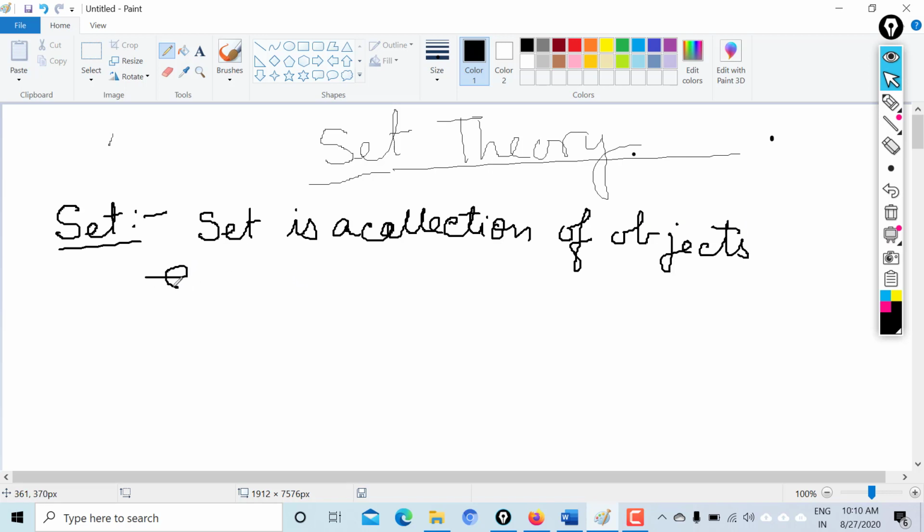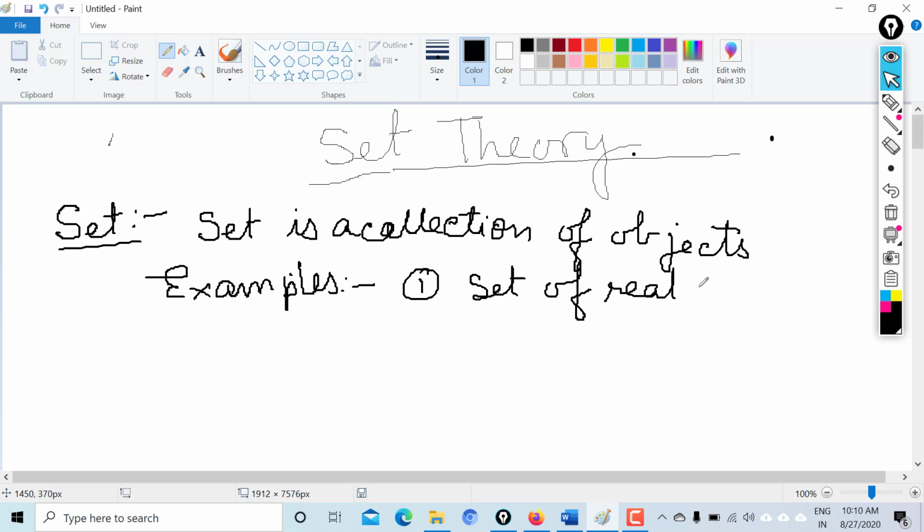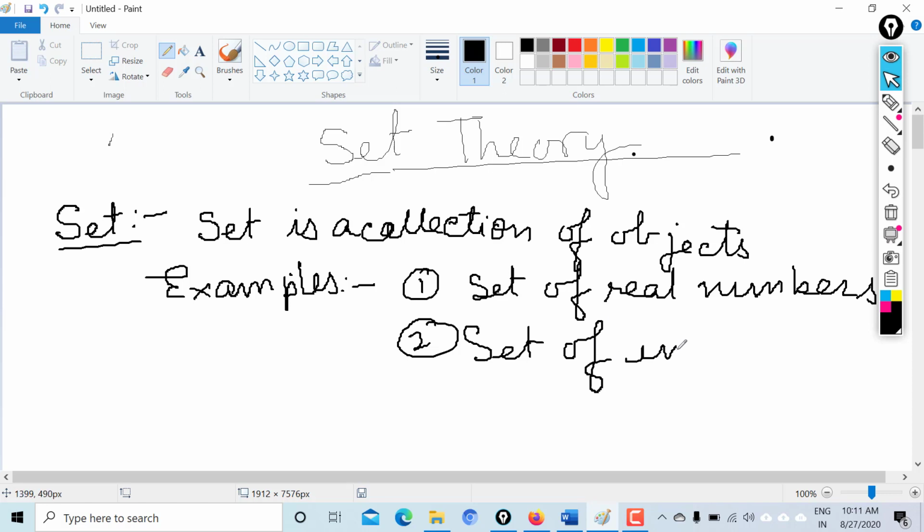Examples are the set of reals, the set of integers.